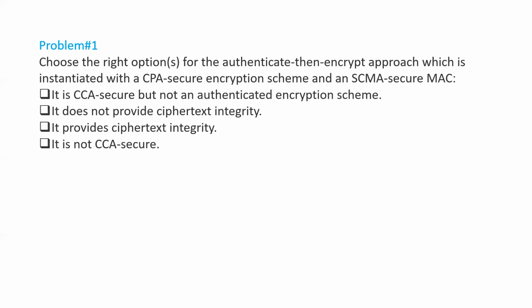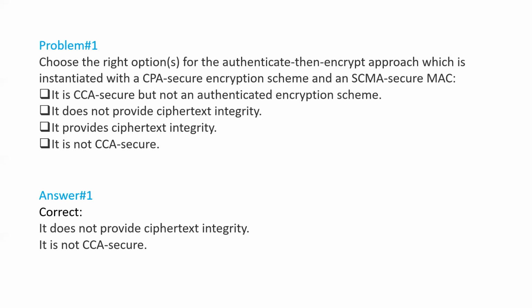Using that, any adversary can surely distinguish between the encryption of M0 and M1. So it is no longer a CCA secure scheme, and it is not an authenticated encryption scheme either. The correct option is, of course, that it does not provide ciphertext integrity, and it is not CCA secure.